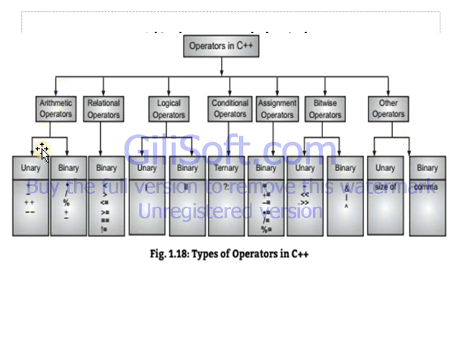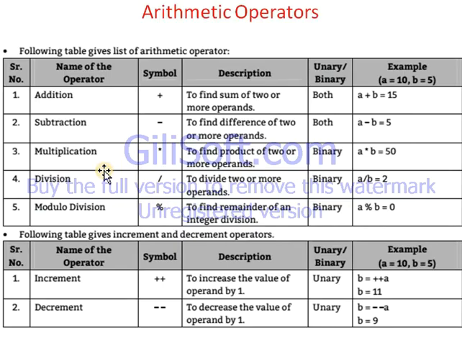First, there are arithmetic operators. In arithmetic operators, there are two parts, unary and binary. Plus, minus, plus plus, minus minus, star, division, modulus. These are all arithmetic operators. Let us see the operators one by one. First is the arithmetic operator.